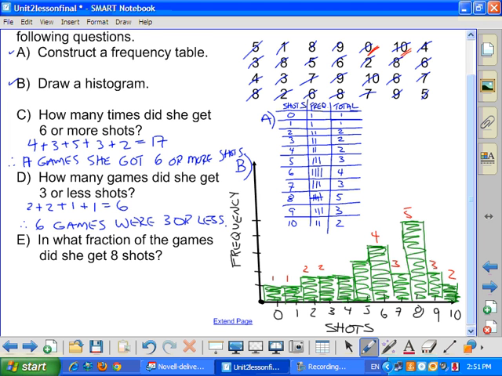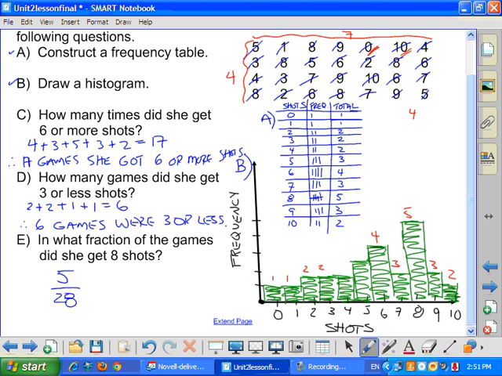And finally, in what fraction of the games did she get 8 shots? What fraction of the games did she get 8 shots? So we know that she got 8 shots in 5 games, and I know there are 28 pieces of data, and I did that from above here. I counted, I had 4 rows and 1, 2, 3, 4, 5, 6, 7 columns.